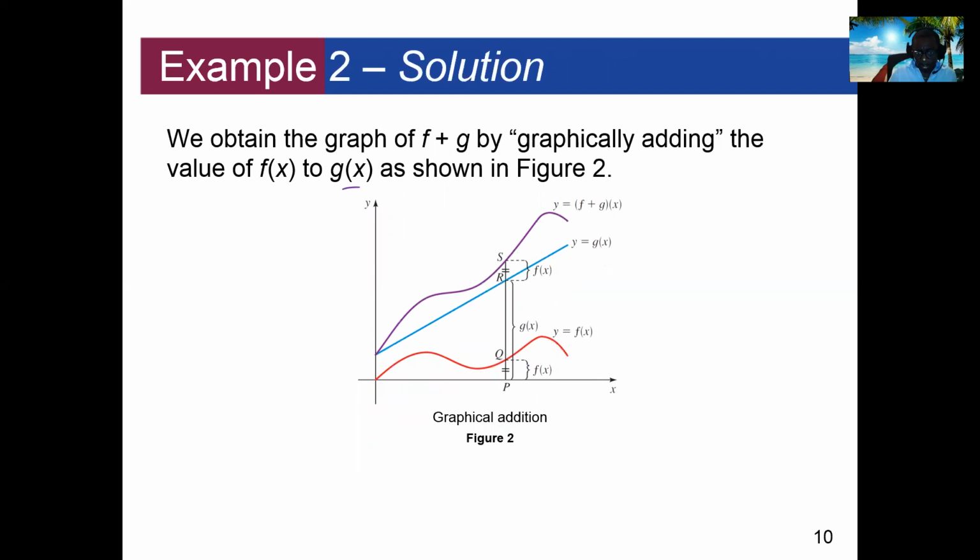On the f, this is your f of x, that's your output, and on the g, this is the value of g as the output. So if you add this portion to that of g of x, the output, you get the new function for the sum.